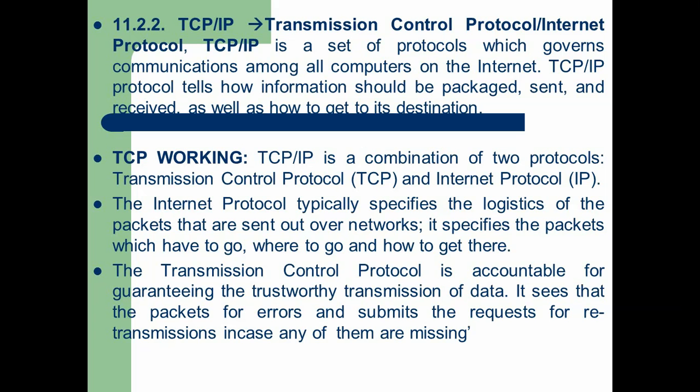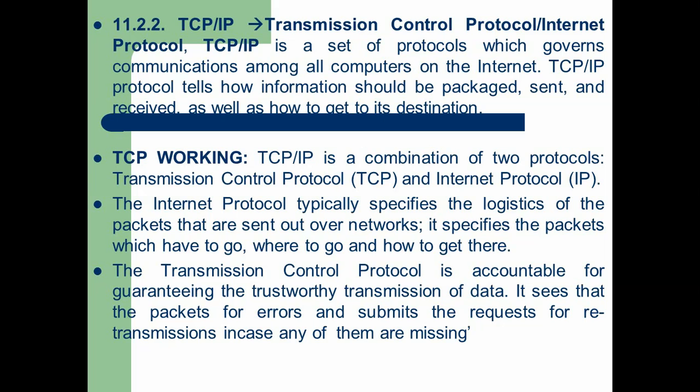So the TCP protocol breaks the complete message into small packets and ensures that all the packets are received in a proper manner without any damage. And the IP protocol labels each and every packet, just as we write an address on a letter, the from address and the to address.